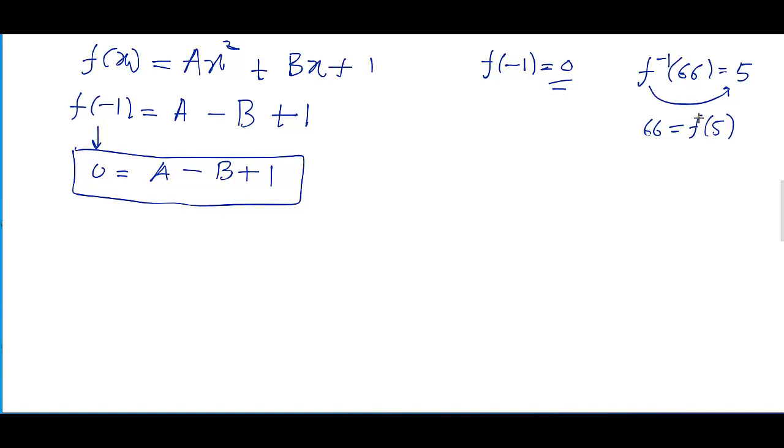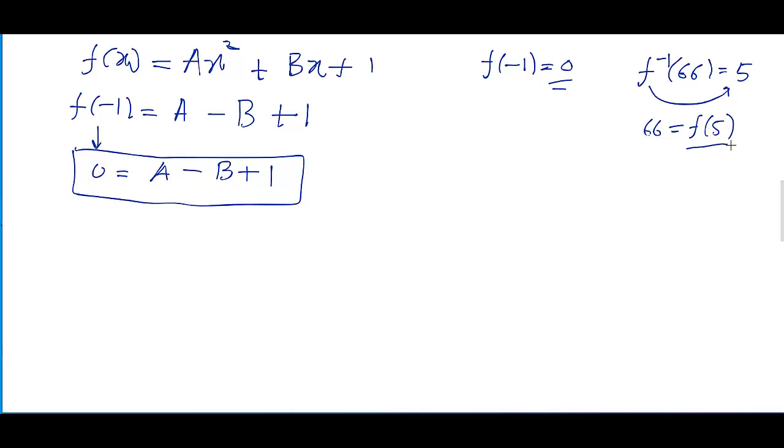In the same way, if we bring this f to this side, it will become f inverse of 66 is equal to 5. Now I have brought this f to the other side. It has become f of 5 is equal to 66. So using this technique, we can avoid finding the inverse of x.